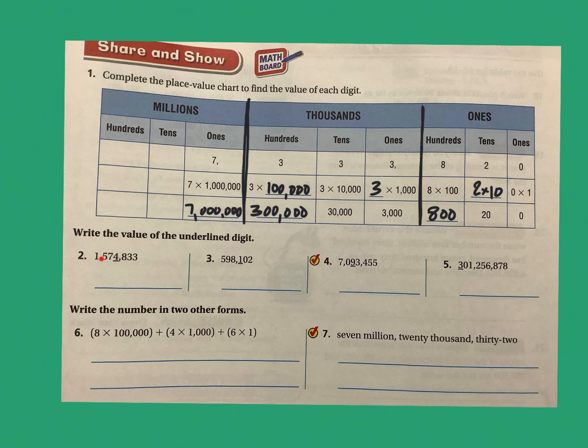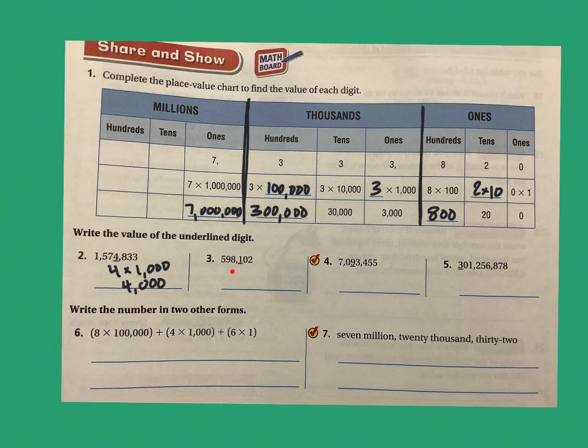So I have 1,574,833. And this 4, 1, 2, 3, 4 spots over is 1,000. So 4 times 1,000 is 4,000.